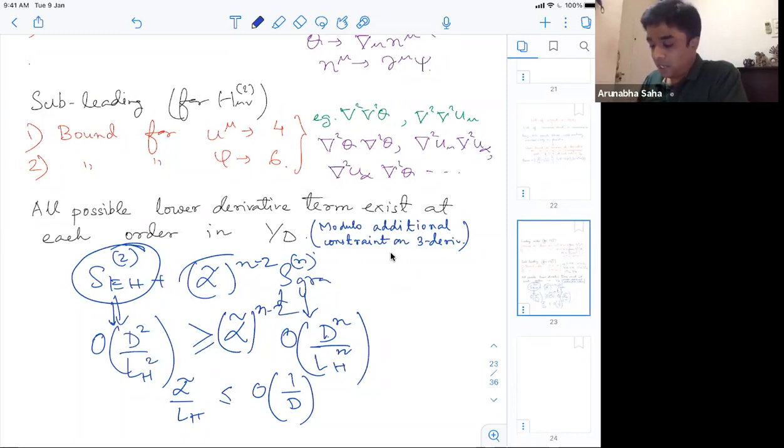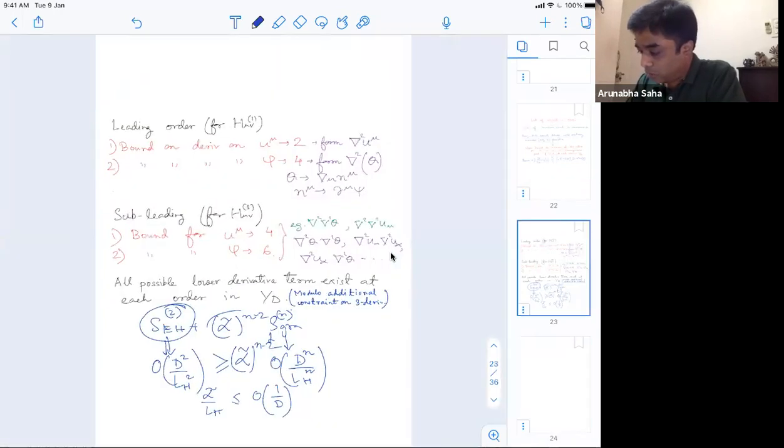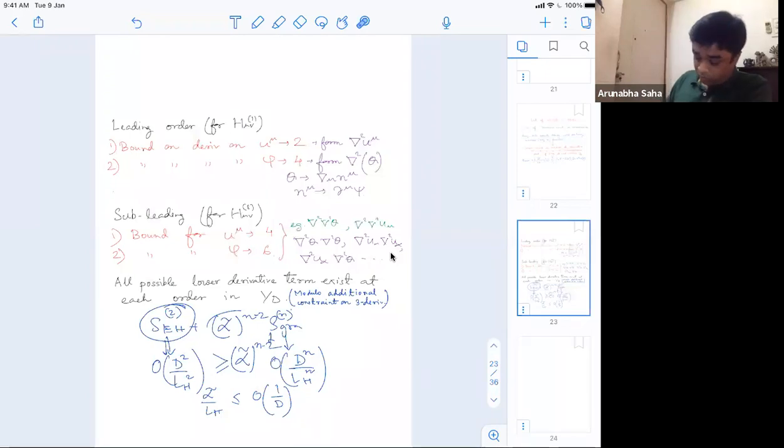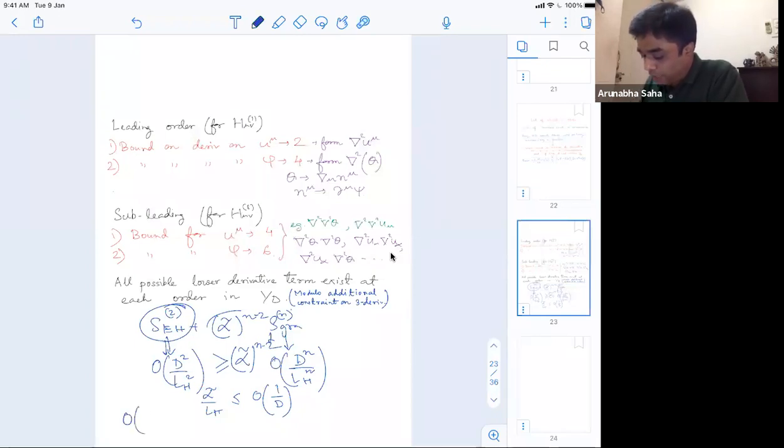Okay. Now subleading order, not all derivatives. Here, as you see, I assume that all the derivatives are actually giving rise to order d by LH factors. At subleading order, you don't want all of the derivatives to act on the fast direction. Otherwise, that already solved your Einstein gravity equation at leading order. You want some of the derivatives to act in the transverse directions also. Those derivatives will be suppressed compared to this direction. But the point is, not many derivatives can act on this transverse direction, because let's assume that the Einstein equation evaluates to order d by LH at the first subleading order.